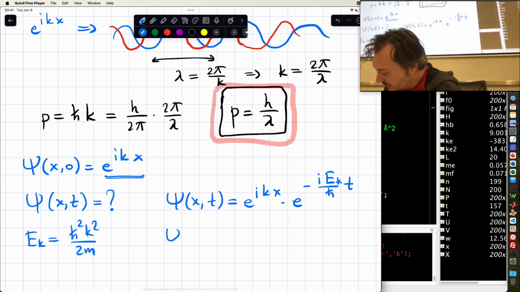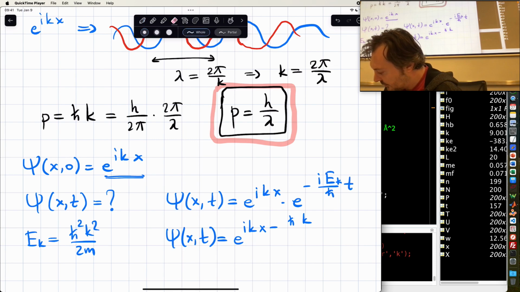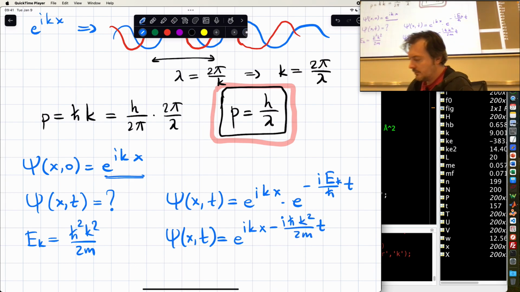So what is your psi of x and t? It's a plane wave, right? e to the i k x minus h bar k squared t over 2m. That one h bar goes away, right? So this is how your wave will move. Do you have any questions at this point?